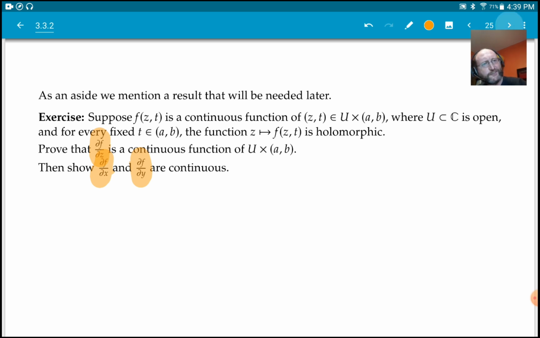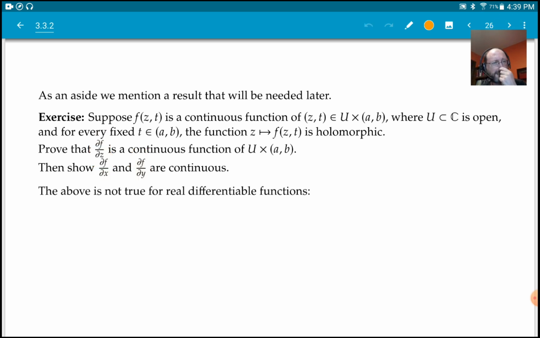Now, just to show you that this is not something that should be immediate, it is not true for real differentiable functions. Let's take a simple example. Suppose I have a function f of two real variables, x and t, and I define it as t times sine of x over t for t not equal to 0, and when t is 0, I'm just going to let it be equal to 0.